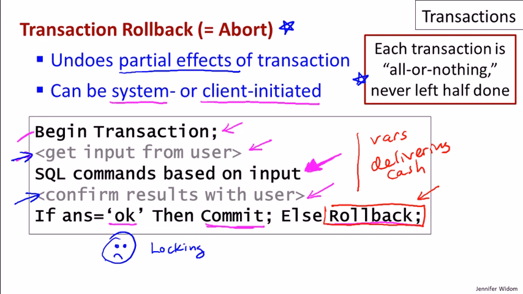So when a transaction is running, it may be blocking other clients from accessing portions of the database. If the user happened to go out for a cup of coffee or is going to come back in a week, we certainly don't want to leave the database locked up for an entire week. So again, a general rule of thumb is that transactions should be constructed in a fashion that we know they're going to run to completion fairly quickly.